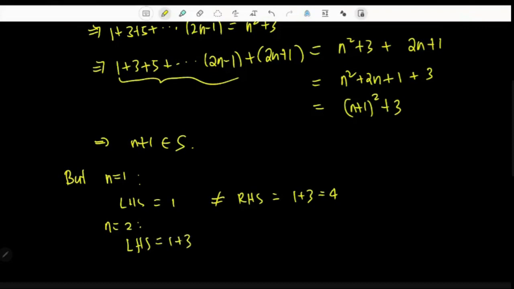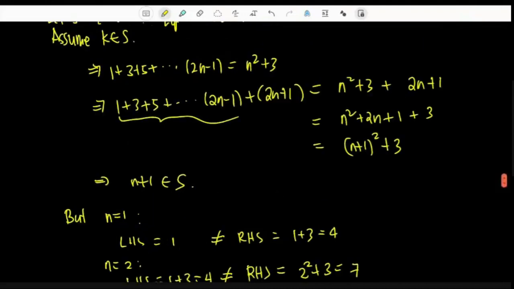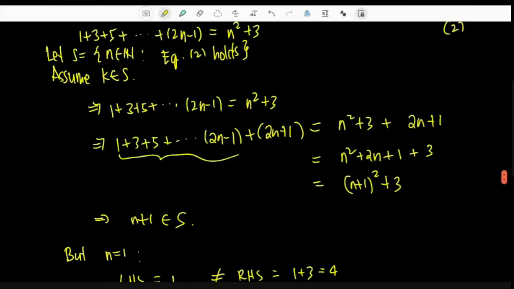On the other hand, the right hand side is equal to 2 squared plus 3, that's equal to 7. So obviously 4 is not the same as 7. So although we were able to show that the inductive hypothesis is satisfied, we failed in the first place to show the basis of induction. In the first place, the equation was wrong. That means the proof failed because we failed to address the basis of induction.